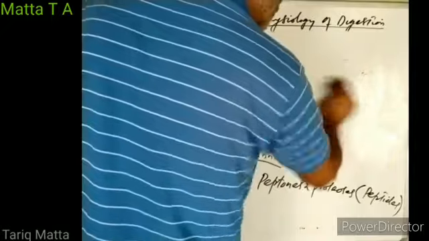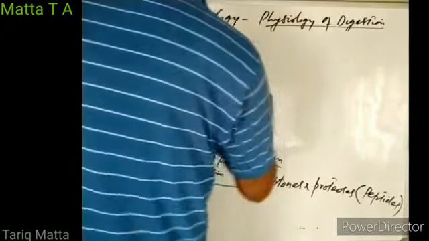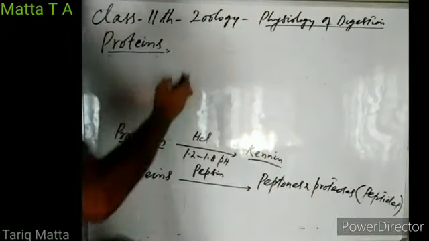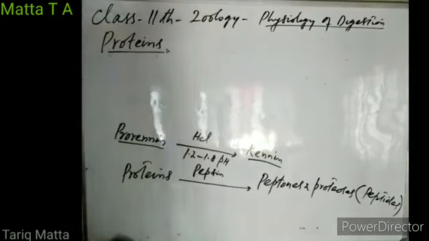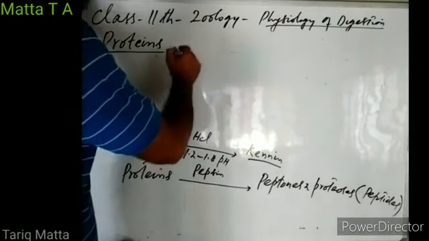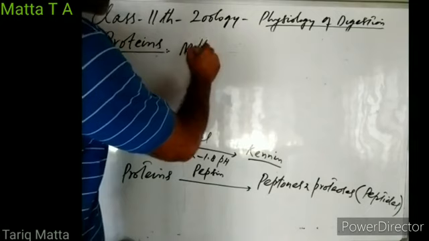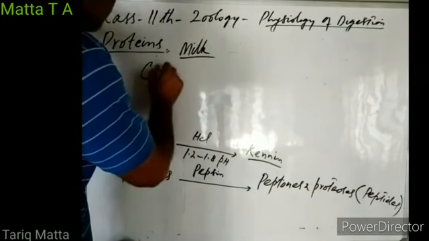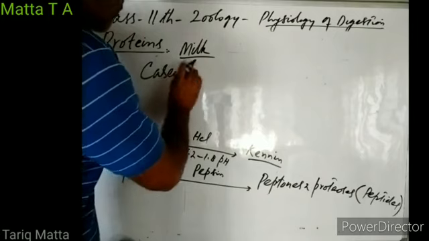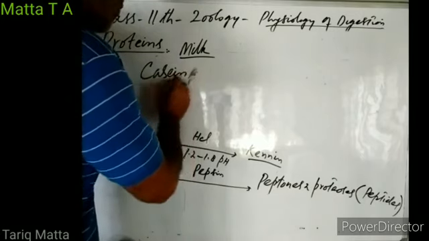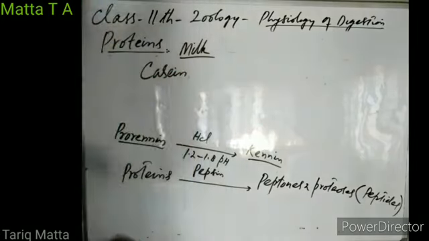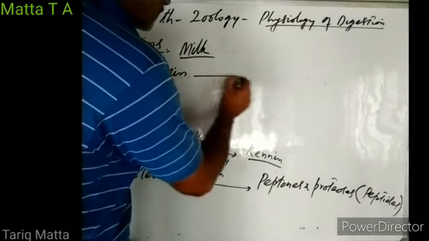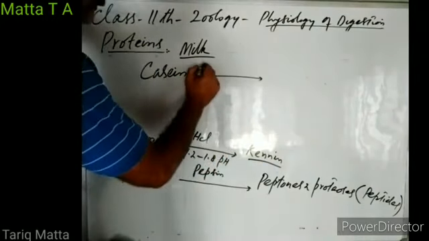As adults, we don't have any renin in our stomach. So this renin acts on the milk protein. When we consume milk, in that milk there is a protein known as casein. Casein protein.